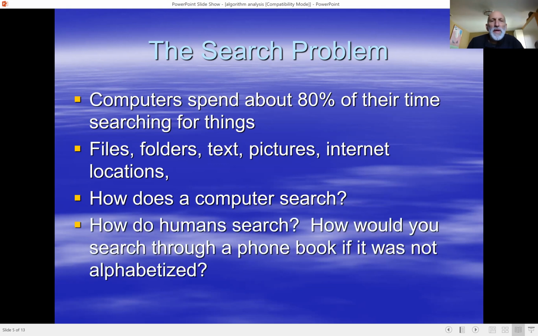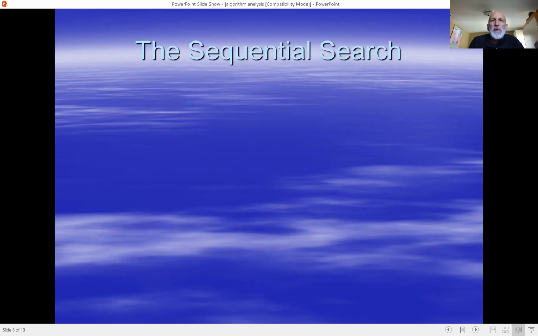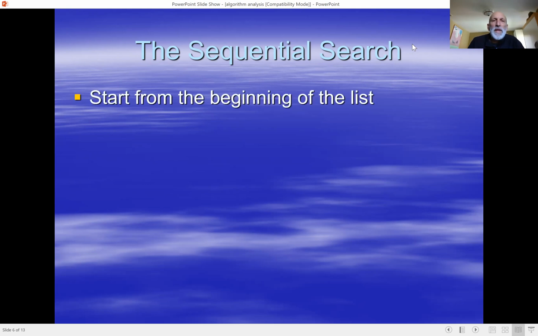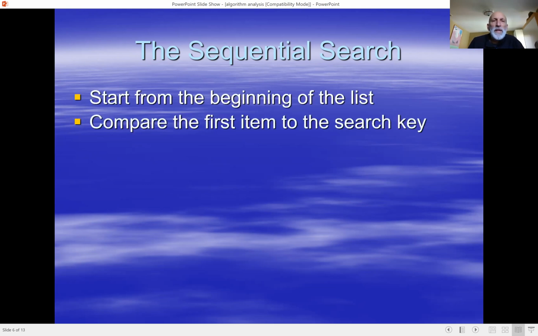So there are 2 ways of searching. First of all, how do you search if your list was not alphabetized? If you had a chaotic phone book or any kind of a list of things where everything was out of order, there was absolutely no order to it, the only way to search is by using what is known as the sequential search. Sequential search is where you start from the beginning of the list and you simply compare that item to what you're looking for.